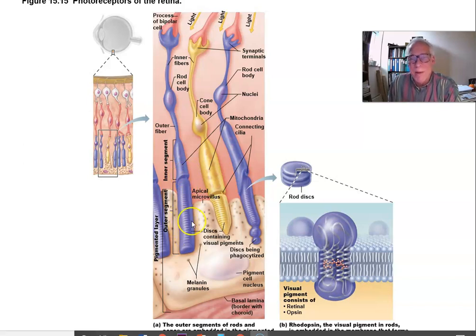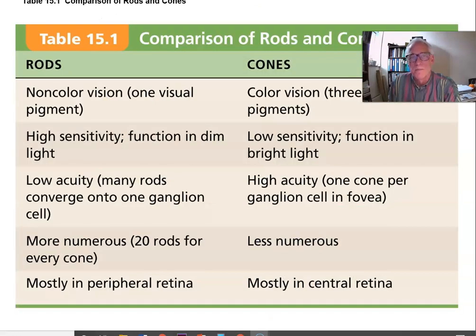The discs that are packed with rhodopsin, the photosensitive substance, are constantly being chewed off by this epithelium. Isn't that weird? And then more are being produced. So these stacks are always being refreshed by this epithelium gobbling up the tips of these photoreceptors, and then more and more layers of cell membrane with fresh rhodopsins are put in there. But anyway, this is where we're going to absorb the photons, in this outer segment of the photoreceptors.